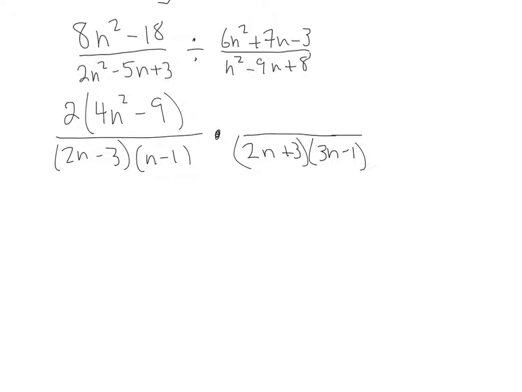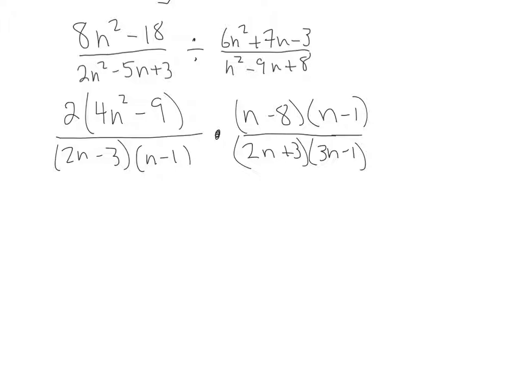The inners are 9n and the outers are negative 2n, so that contributes to positive 7n. There we go, good. And the denominator, which I'm going to put on the numerator, is a pretty simple factor of n minus 8 and n minus 1.